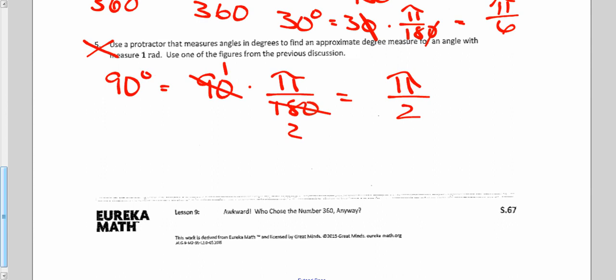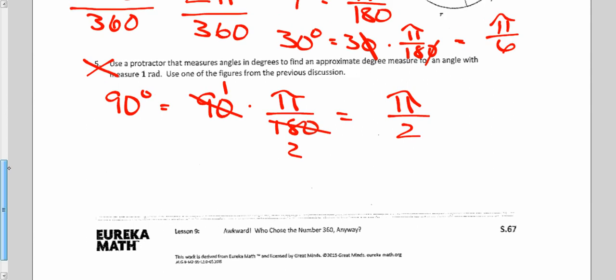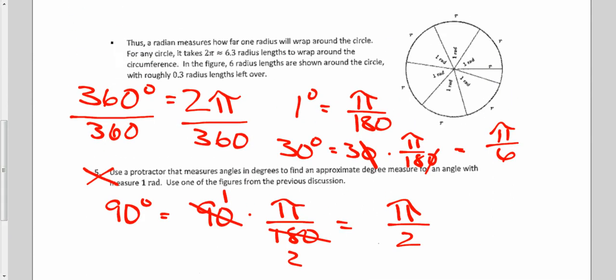Okay? Now, if I got radians and I want to go to degrees, how would I do that? We know that pi over 6 is 30 degrees, right? What did I do to get pi over 6? I took 30 degrees and times it by pi over 180, right?